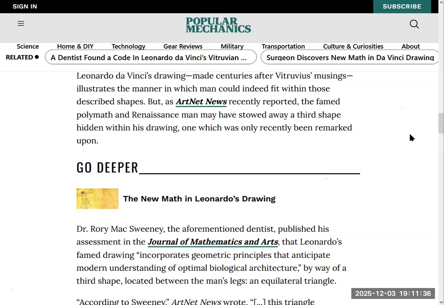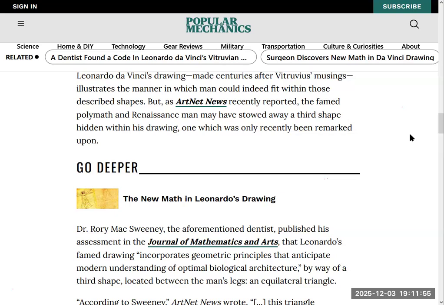Drawing made centuries after Vitruvius' musings illustrates the manner in which man could indeed fit within those described shapes.